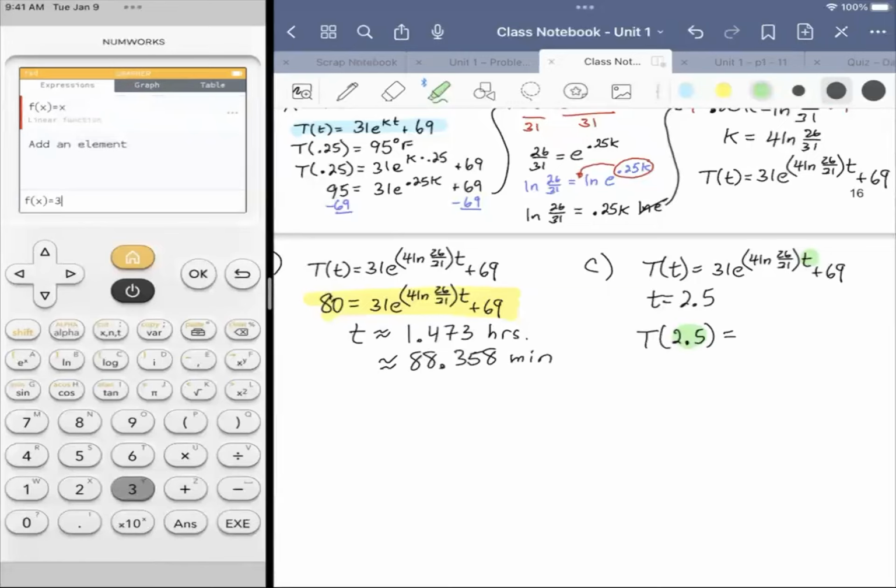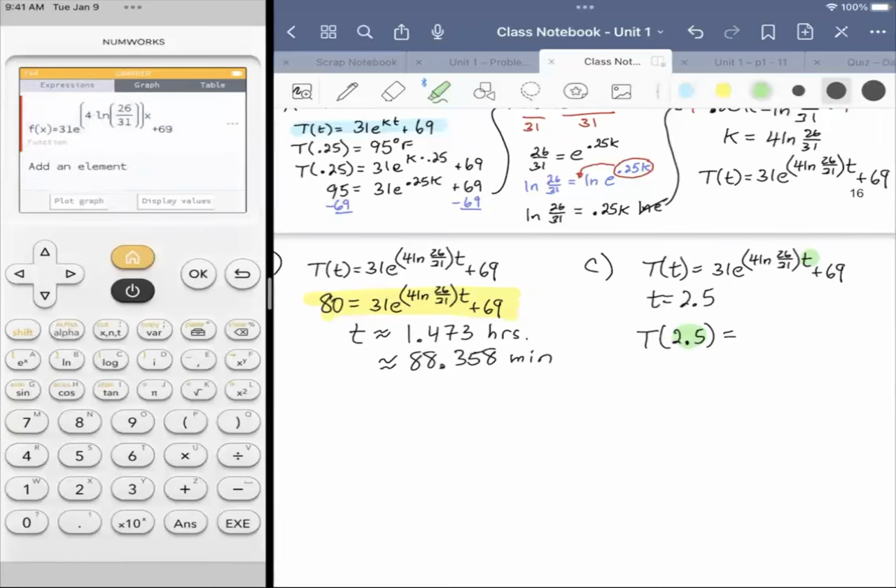We're looking at 31 e, basically all the stuff I just typed in, 4 ln 26 over 31, then the x and then plus 69. So basically what I just typed in the equation menu, except instead of the 80, I'm putting f of x. I hit OK to lock it in.